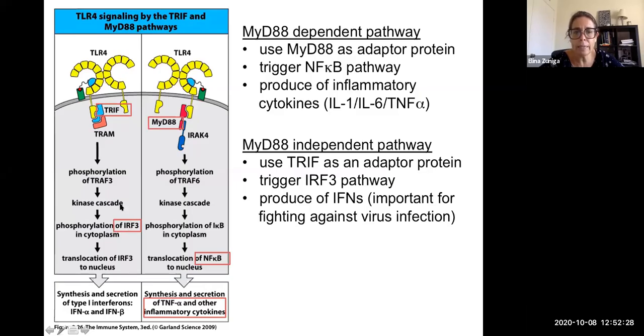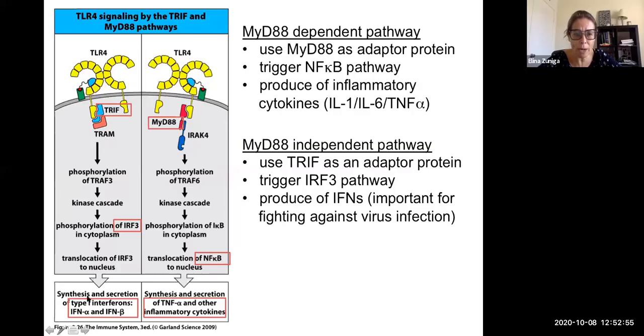And in this case, the kinase that is involved is TBK1. And this IRF3 then is a transcription factor that, when phosphorylated by this TBK1 kinase, can translocate into the nucleus and bind to the promoters of genes that encode type 1 interferons.